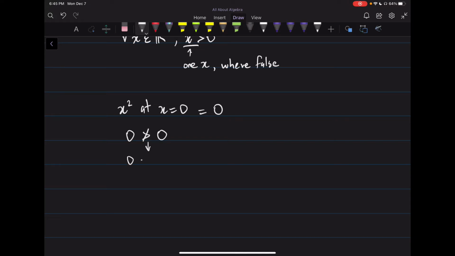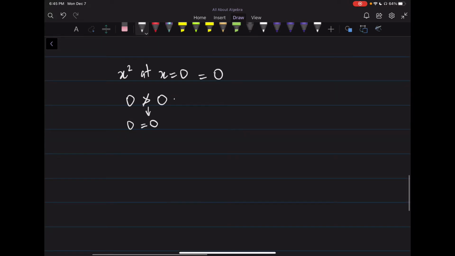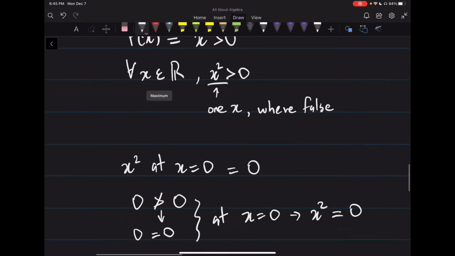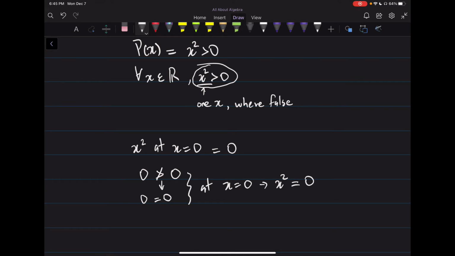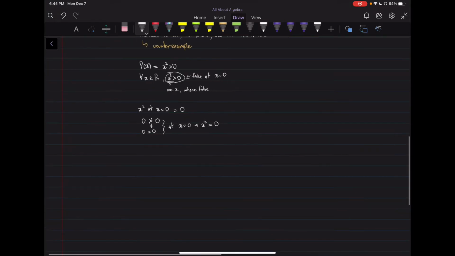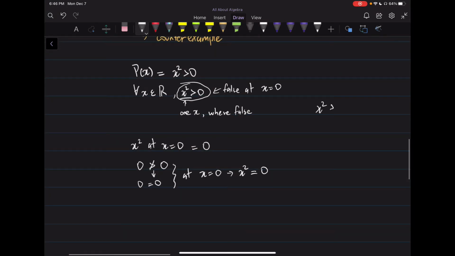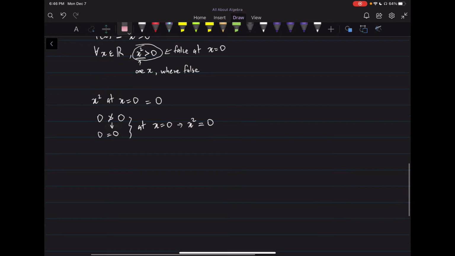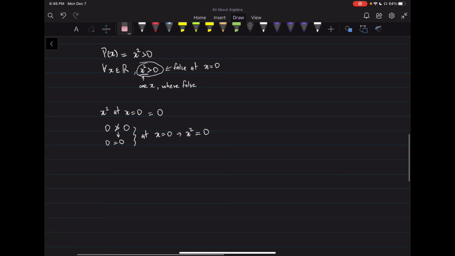It is equal to 0, which means at x equals 0, x squared is equal to 0 and not just greater than 0. Well, in this case, then, this is false at x equals 0. Why? Because if this was x squared is greater than or equal to 0, then yes, it would hold true. But because there's no is equal to, that's why we end up with a counterexample.